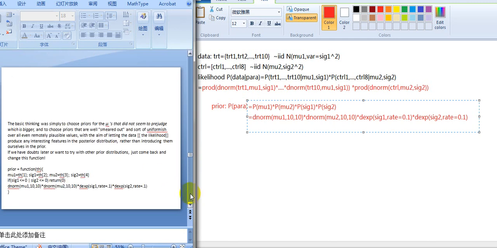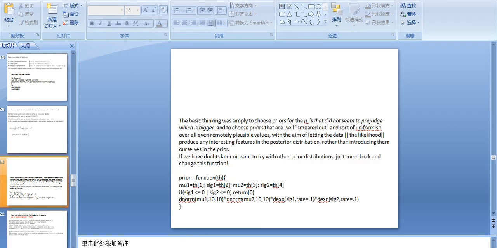The R code. So you see, this is a prior function. Again, the function takes the argument theta, and mu1 is the first number of theta, and so on. Then first we need to check whether sigma 1 is negative or sigma 2 is negative, right? If that's the case, they have to be positive. If one of them is not positive, we return 0, because something is wrong here.